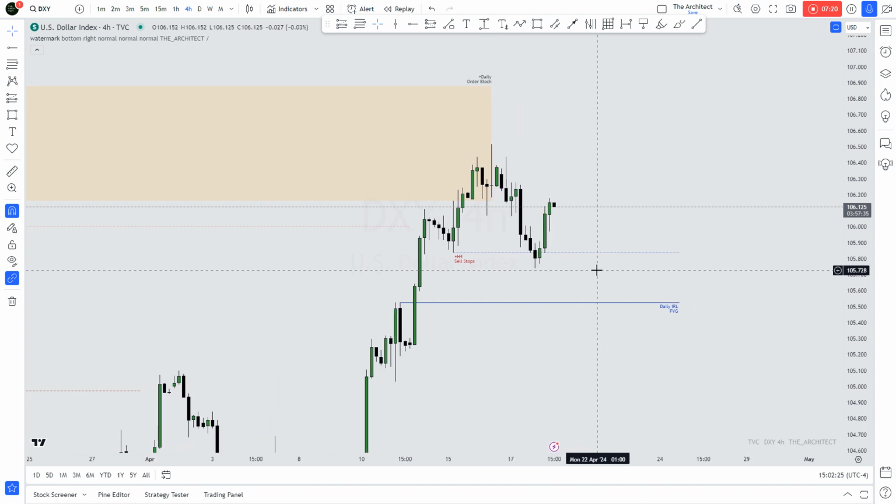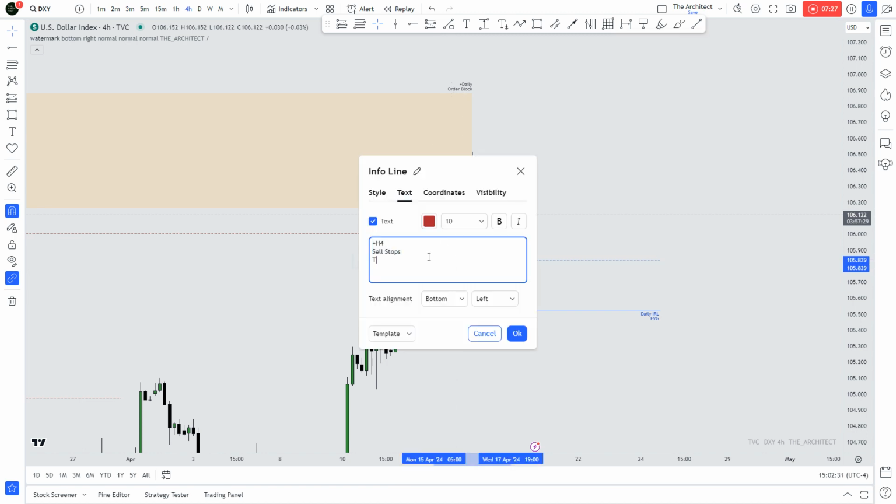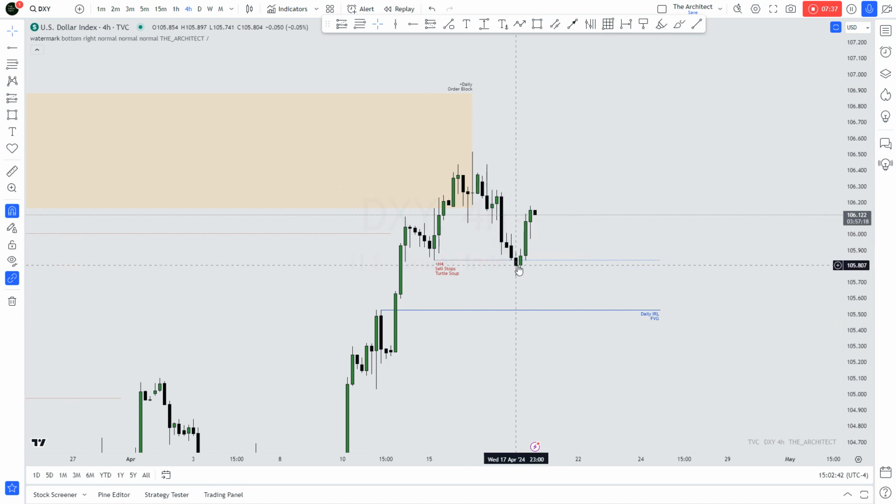And another important thing happened. It pulled back and it took the sell stops down here. So this already gave us a false break of structure, which is considered a turtle soup, right? Indicating that this is basically a false break of structure and the market is just using the sell stops at this point to continue the market higher.